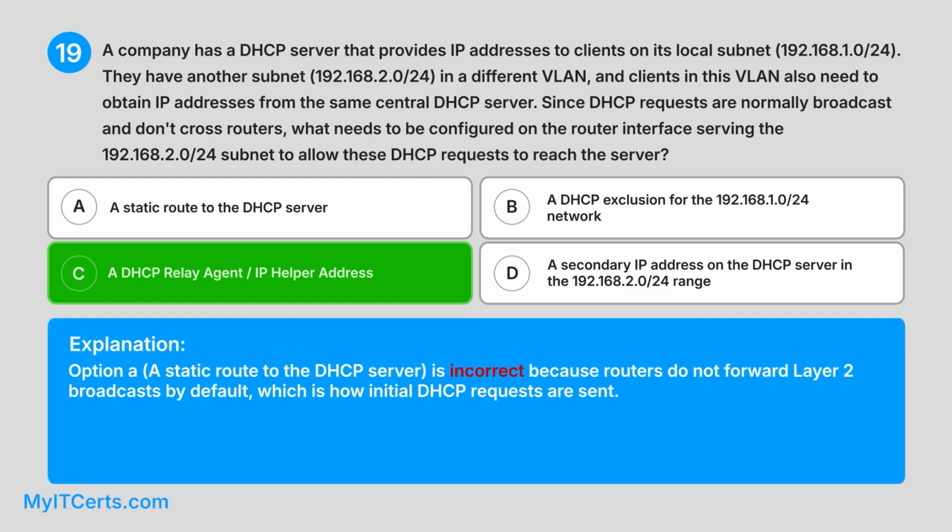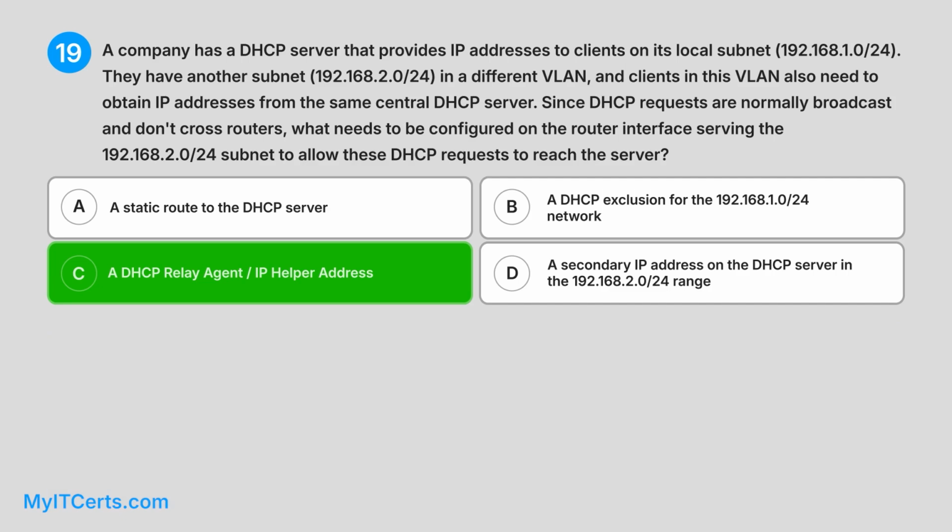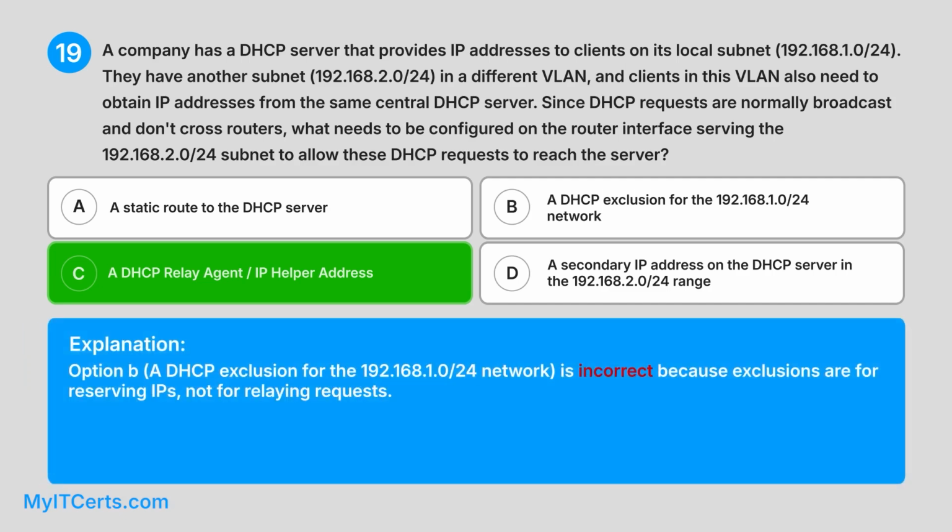Option A, a static route to the DHCP server, is incorrect because routers do not forward Layer 2 broadcasts by default, which is how initial DHCP requests are sent. Option B, a DHCP exclusion for the 192.168.1.0/24 network, is incorrect because exclusions are for reserving IPs, not for relaying requests.